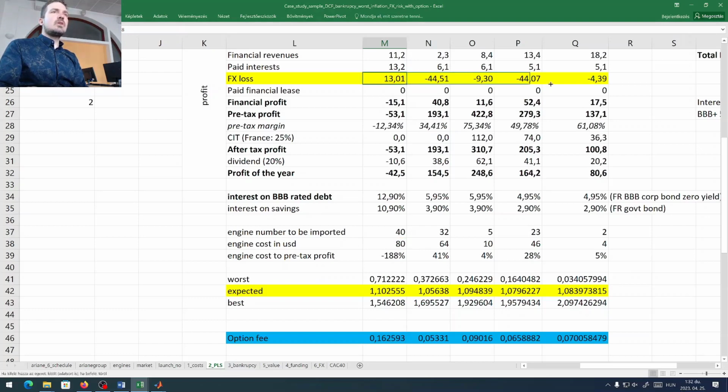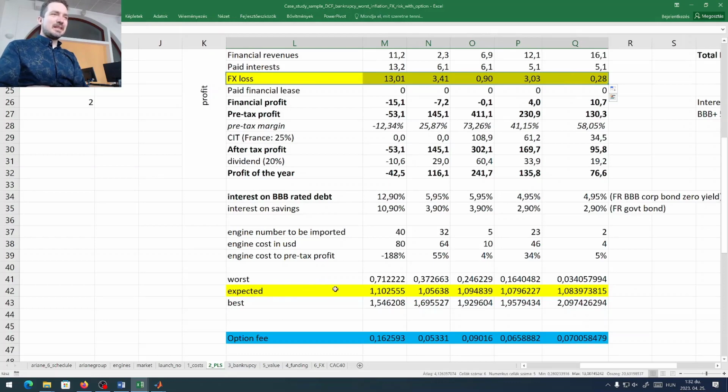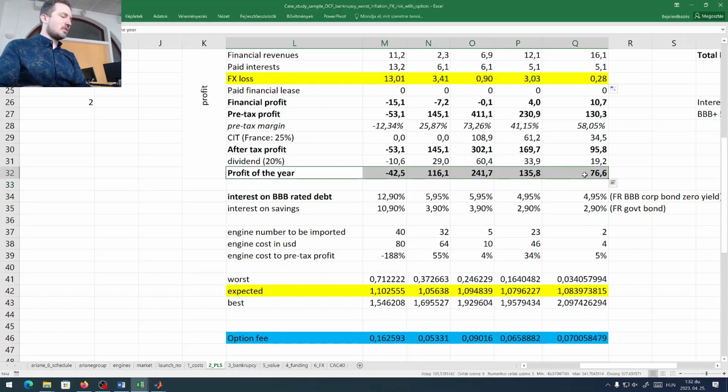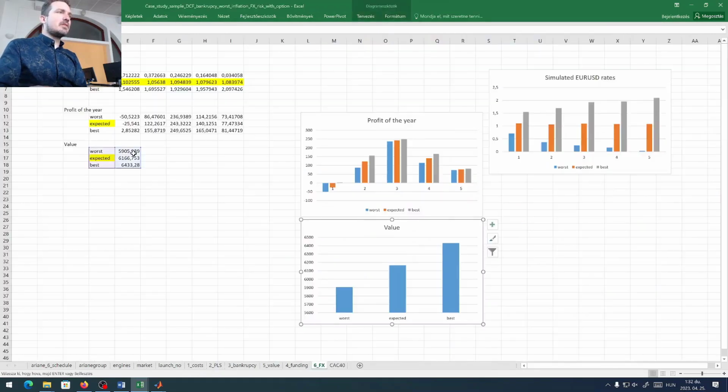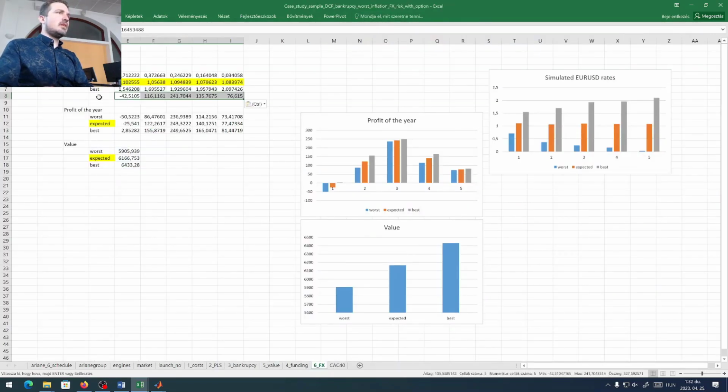So is this cheaper or not? We can see that it's not cheaper. And this is the expected scenario in all the possible ways. So we cannot say that we will just sleep better with the usage of options, because in this case we can just grab this and put it to the data here.